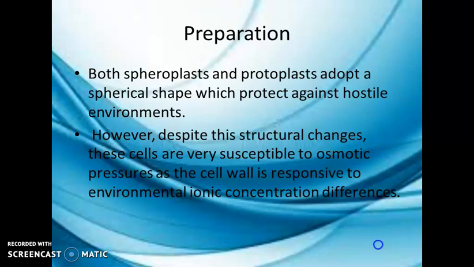However, despite these structural changes, these cells are very susceptible to osmotic stress, like osmotic pressure, because the cell wall is responsive to environmental ionic concentration difference. So if the cell wall is absent, how can it withstand those osmotic pressures or any other ionic concentration difference? It is quite difficult for the structures to withstand the osmotic pressures.